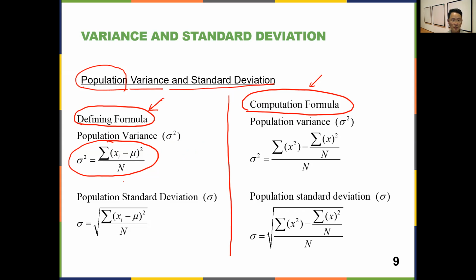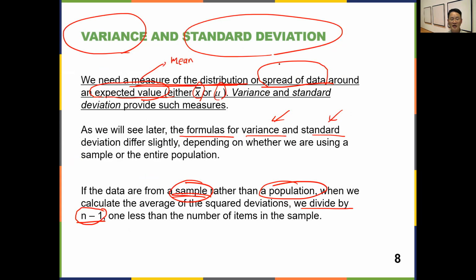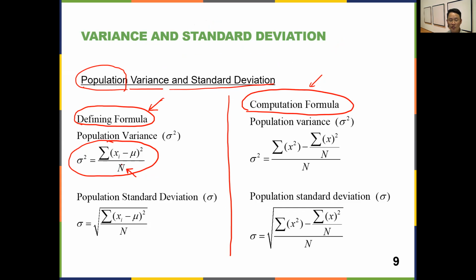From this symbol, what do we know? We know this uppercase N. So what's uppercase N? Uppercase N right here is the population size. At the end, we're going to divide the whole thing by the total number of the population.